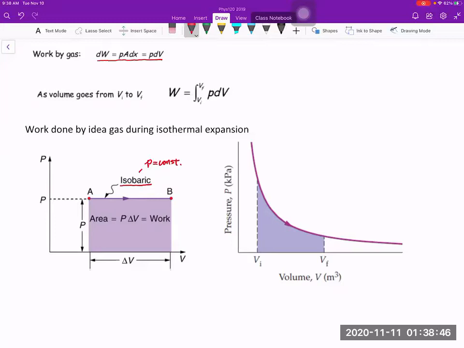The pressure stays constant and the volume is going to increase.